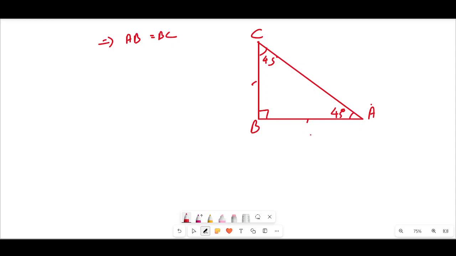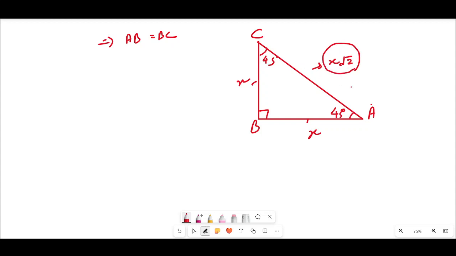If we suppose it is x, then here it will be x, then x square plus x square is 2x square, then we can write x root 2 with the help of Pythagoras theorem. Clear? So this is the base.